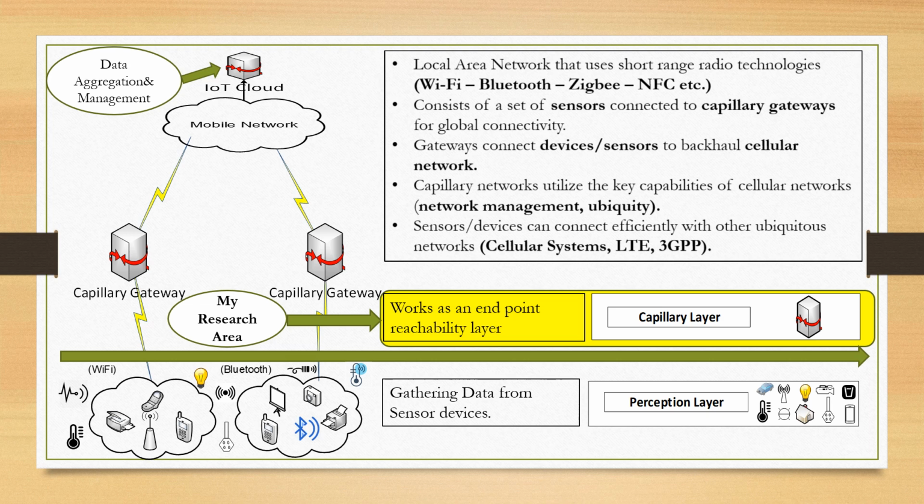And this capillary network can utilize the key capabilities of the cellular networks, such as the network management, the ubiquity, and then we can connect efficiently with other ubiquitous networks.